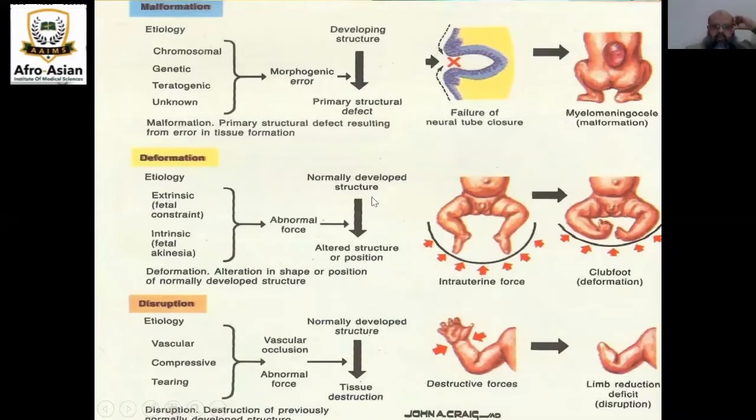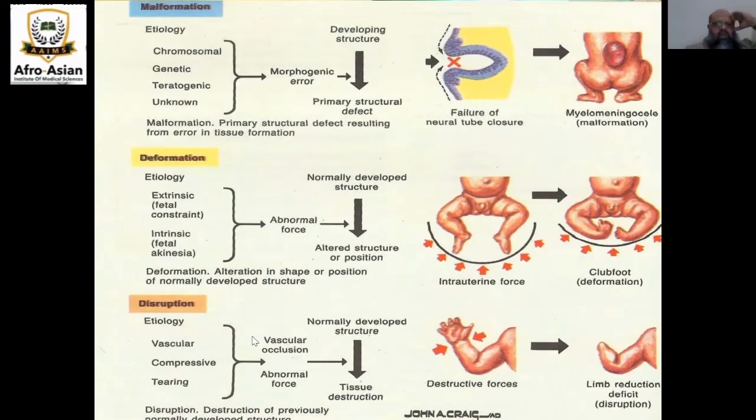They will develop, but their position will be altered due to either extrinsic or intrinsic factors. And when intrauterine force occurs, it can result in clubfoot formation. So club feet are deformations.